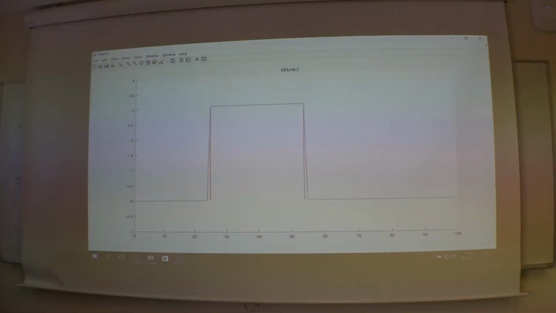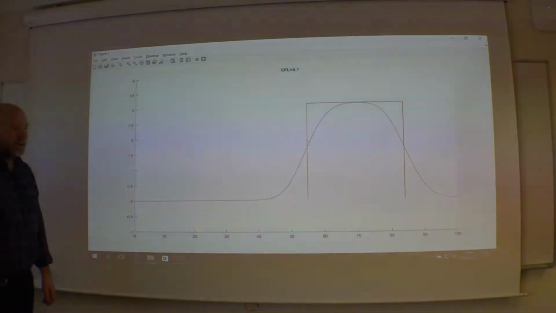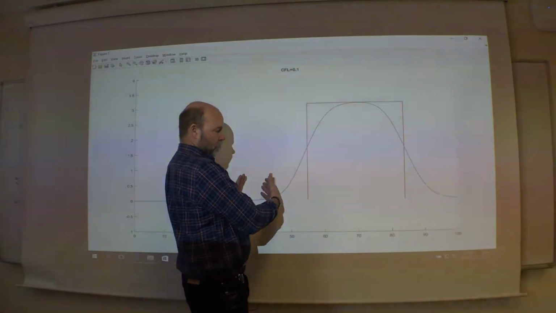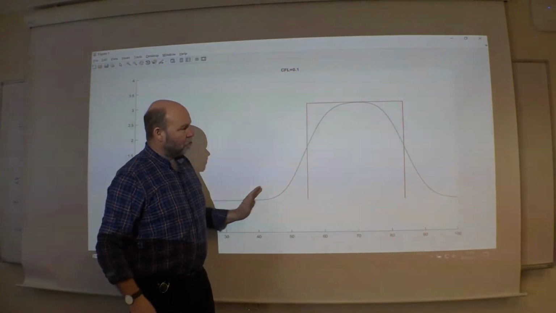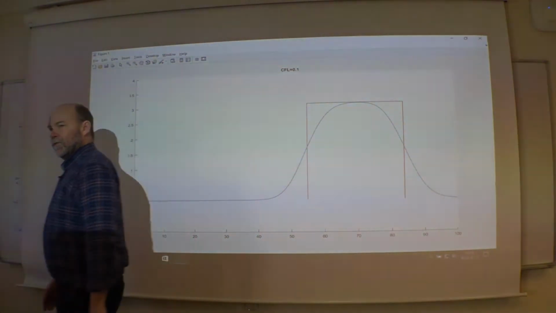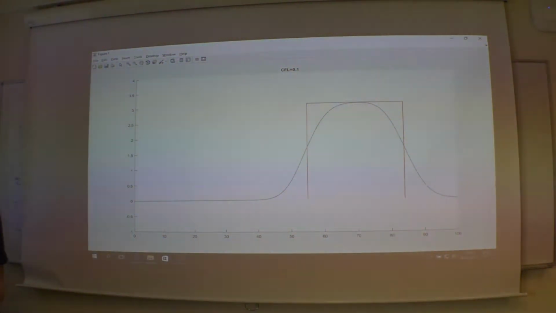CFL 0.1, so we should be well within the stability range. And yes, it is stable, but you see the price you pay. The correct solution is the red square box. He should not be distorted. This sharp gradient should not be smeared out like this. This is not good. It's stable, as it should be, but very bad indeed.